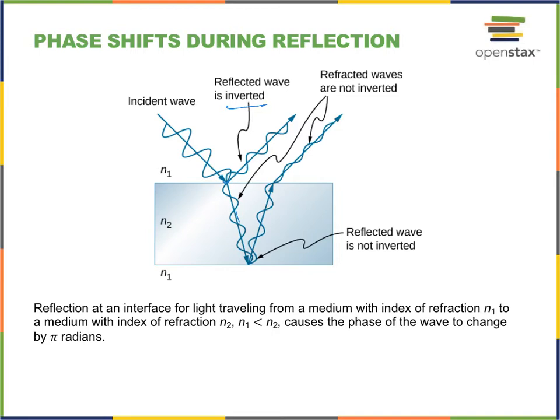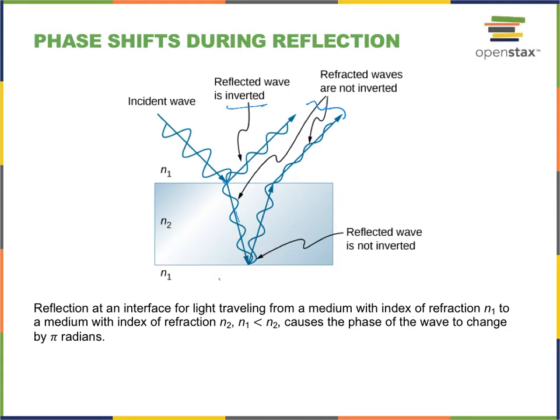Now here you're going from the glass to the air, and the air has a lower index of refraction, so at the bottom of this thin film it's not going to invert. And so when we come up here, we have one ray which was inverted and one that wasn't.